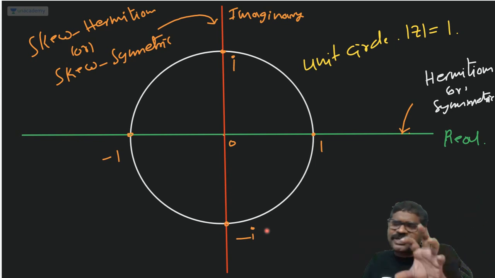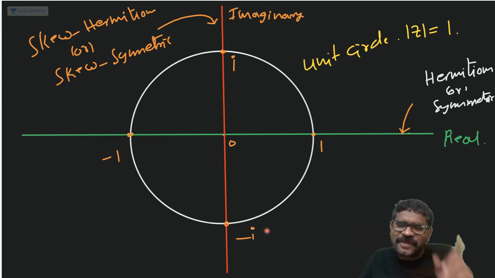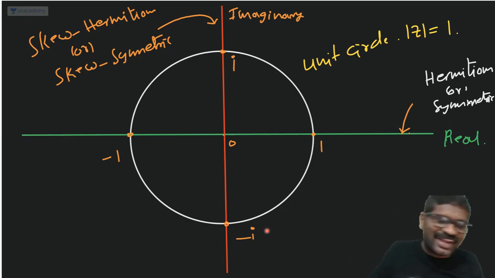So please observe the intersection points. The white color circle intersects the green color line at 1 and minus 1. So 1 and minus 1 can be eigenvalues of Hermitian, skew Hermitian, or orthogonal or unitary. Understood?